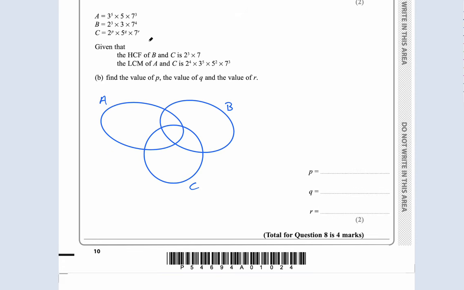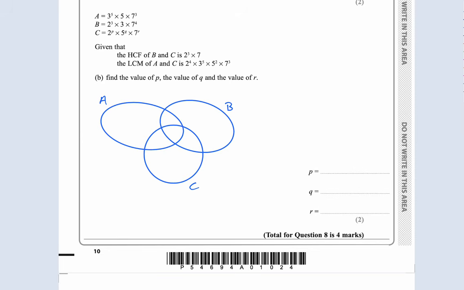Okay, first things first. It tells us that the highest common factor of B and C is 2 cubed times 7. Now, this and the fact that, well, what is the only number that's in all three? The only number that's in A, B, and C is 7.